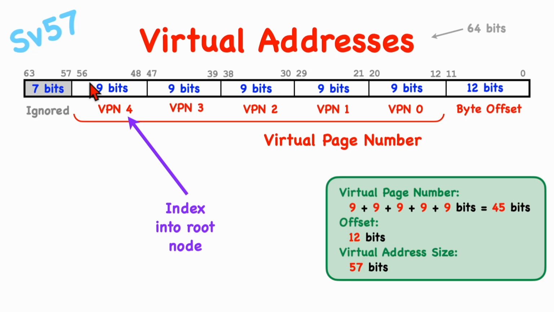Each part of the address is used as an index into a node. The indexes are used as we walk down the tree from the root toward the leaf, starting with virtual page number part 4 for the root node, and so on, until we get to the last level of the tree, where we use VPN part 0 to index into the leaf node to get to the page table entry that describes a 4 kilobyte data page.